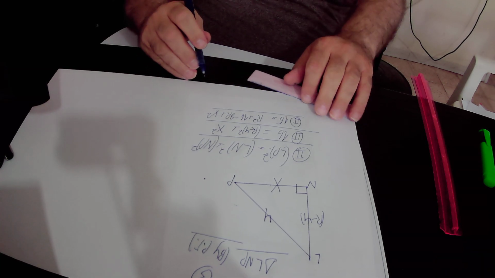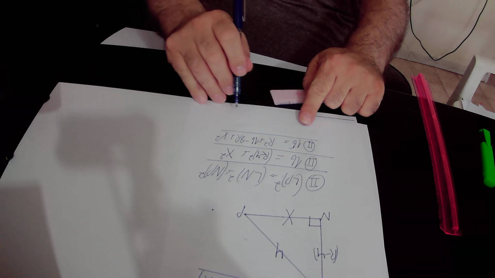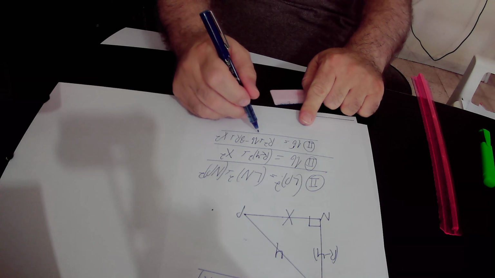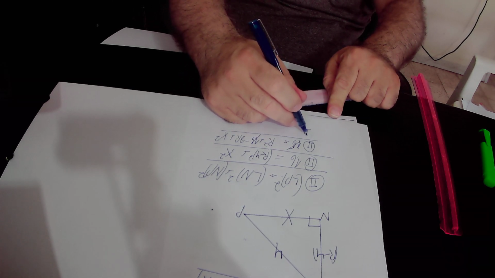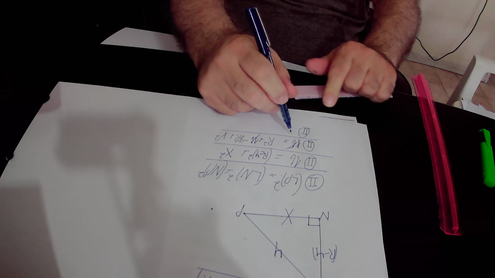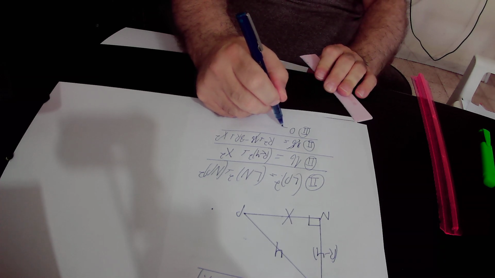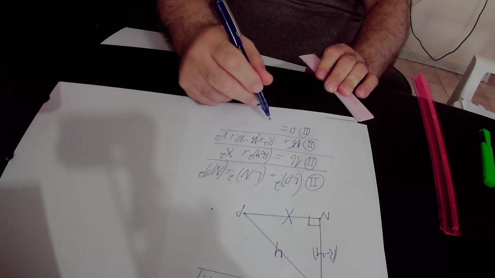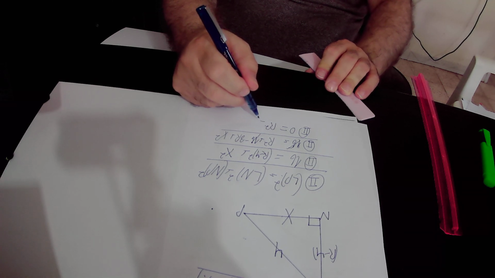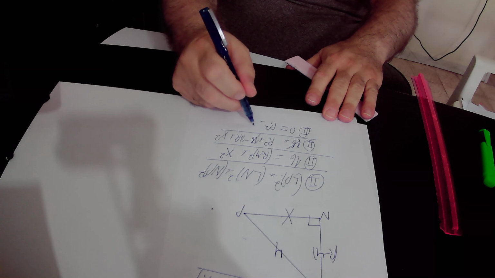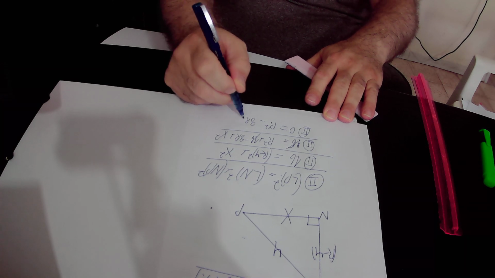So here we have 16 on both sides of equation number 2, so 16 will get cancelled. What is left from equation number 2 after we cancel 16? On this side we have 0, nothing left, and it equals R squared minus 8R plus X squared.